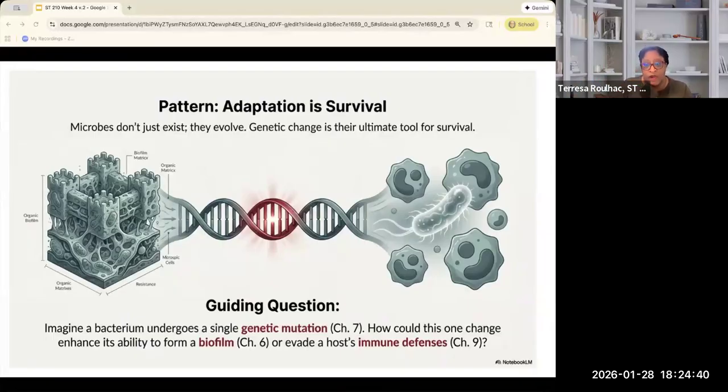Now, let's take the guiding question. Okay. If a bacterium undergoes a single genetic mutation, how could that help it form a biofilm? Now, we have biofilm, it's everywhere. One of the most common areas of biofilm is on our teeth. Okay.